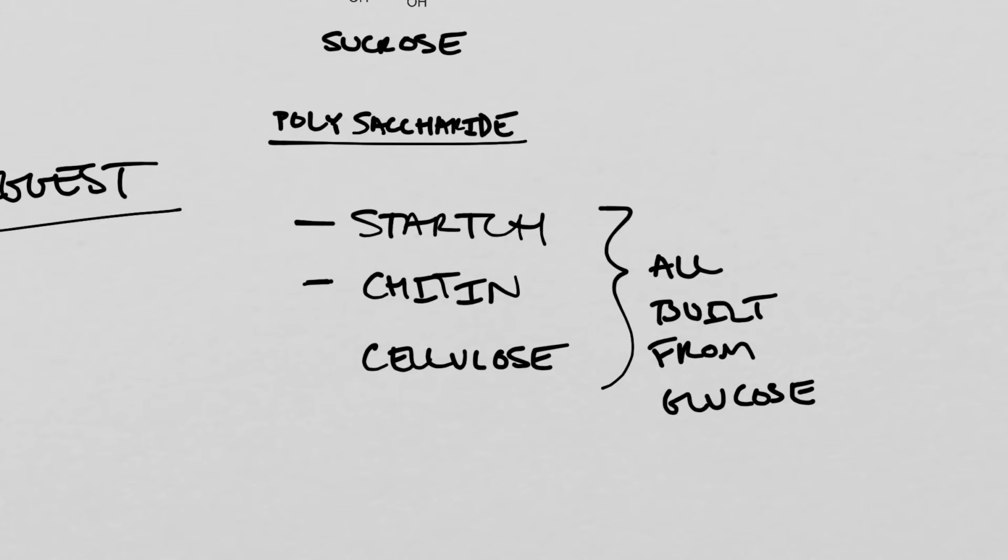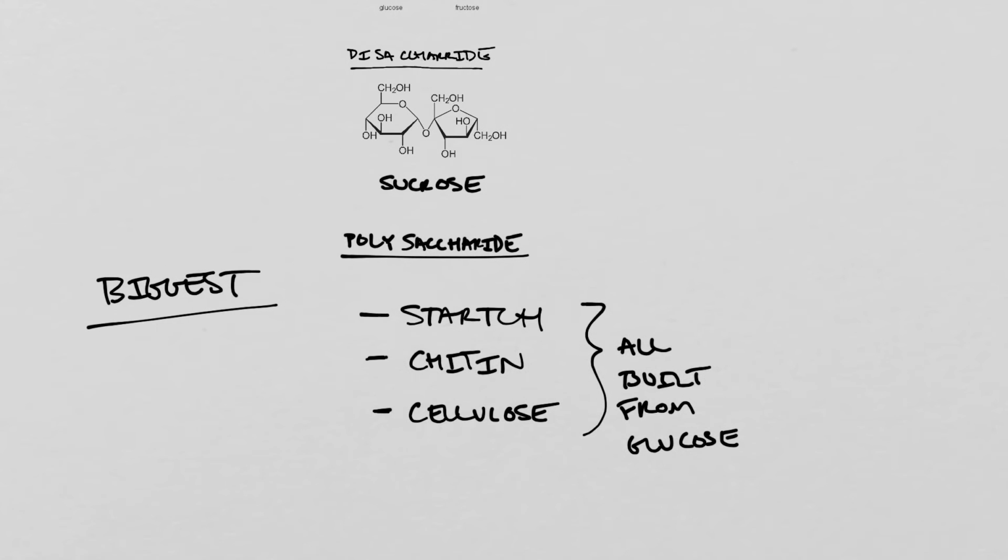Both chitin and cellulose, we don't have the ability to break them down. We can't break the bonds in between the glucose monomers. But pretty incredible that all three are built from exactly the same building blocks, but have incredibly different structures and ultimately functions.